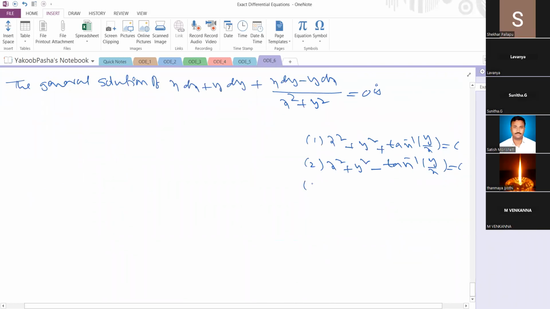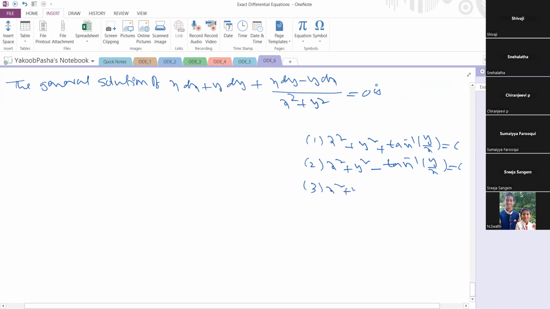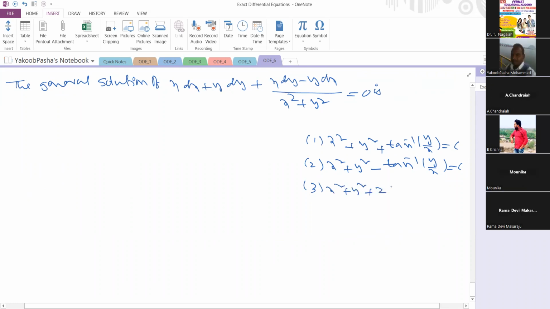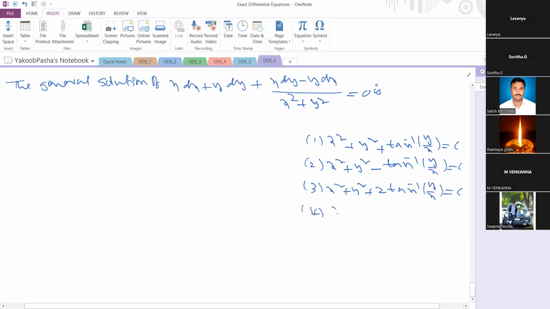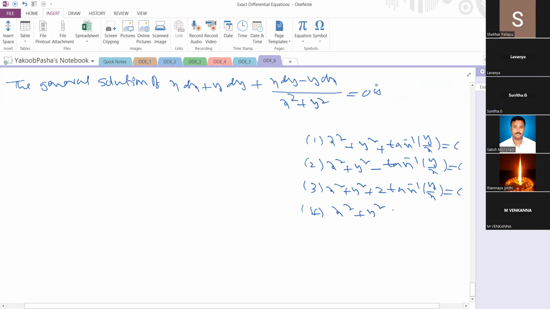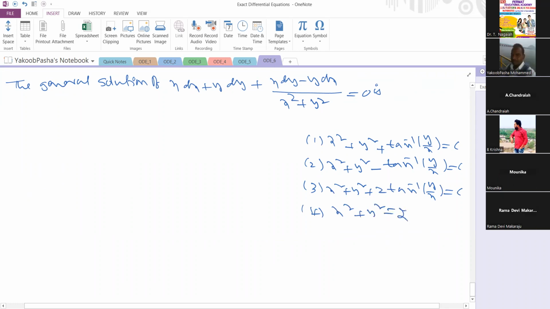Third option, x square plus y square plus 2 tan inverse y by x is equal to c. And the fourth option, x square plus y square is equal to 2 times tan inverse y by x plus c.